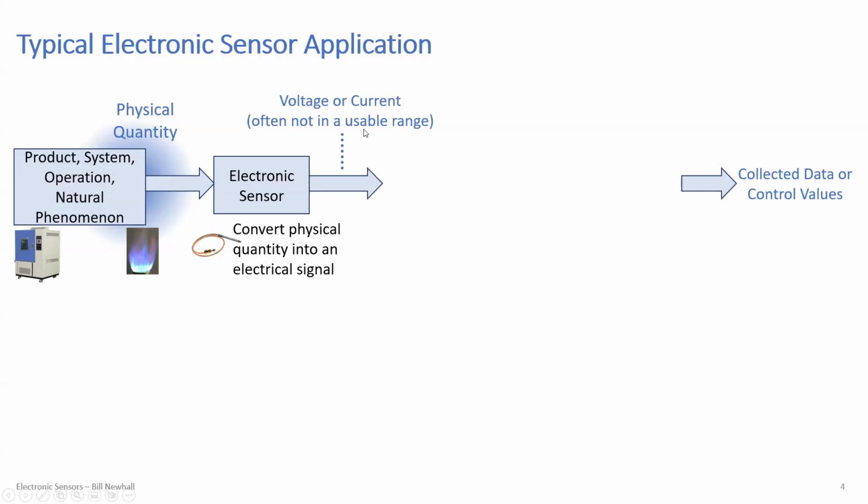In other words, that voltage might be microvolts, or that current might be microamps, or maybe it's just millivolts, but you don't have a voltmeter that's accurate enough, or you have maybe a noisy environment, electromagnetically noisy environment. So the sensor output may not be big enough or usable to measure directly.